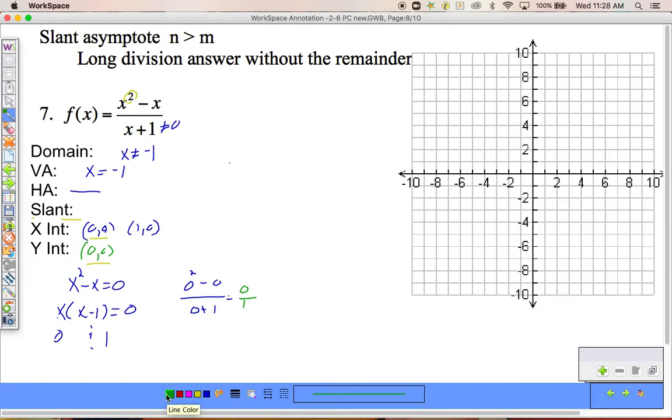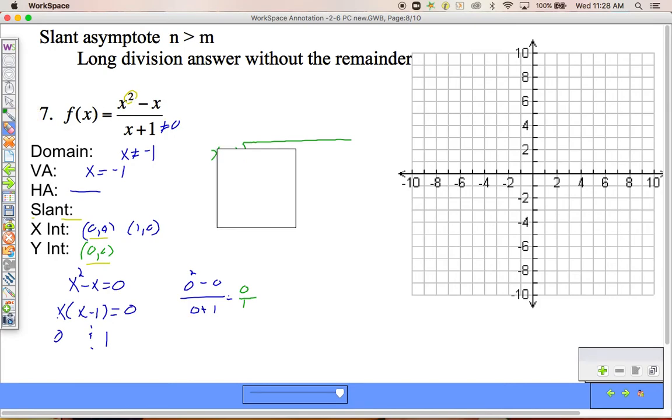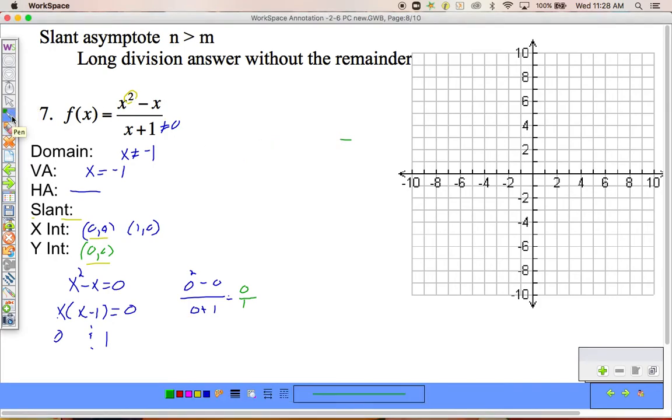Now my slant, I'm going to long divide. x plus 1 into x squared minus x. I'm going to add plus 0 just to have a number. x times x, I distribute.